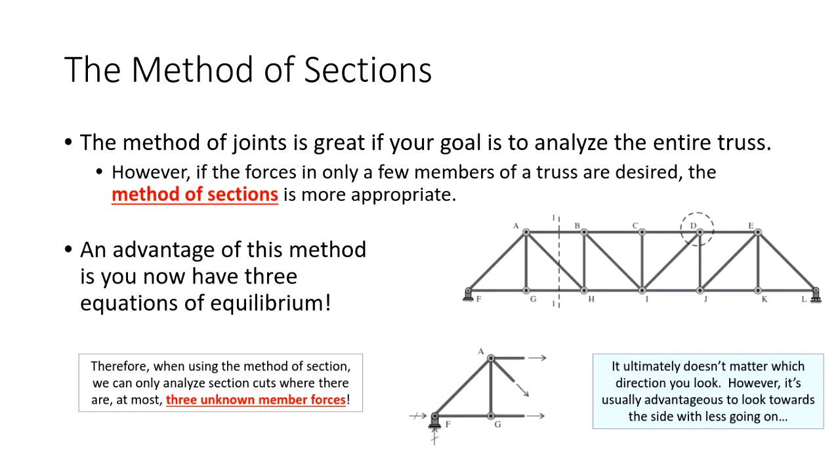So if you see this section 1-1, it cuts through three members, okay? And you can only cut through three unknown members because you have three equations. Now you could cut through more than three. You could cut through 4 or 5 or 6, what have you, as long as you already knew the internal forces in those other members. Again, three unknowns, that's your limit.